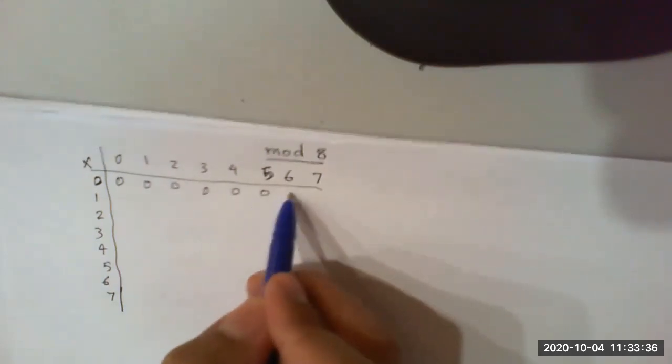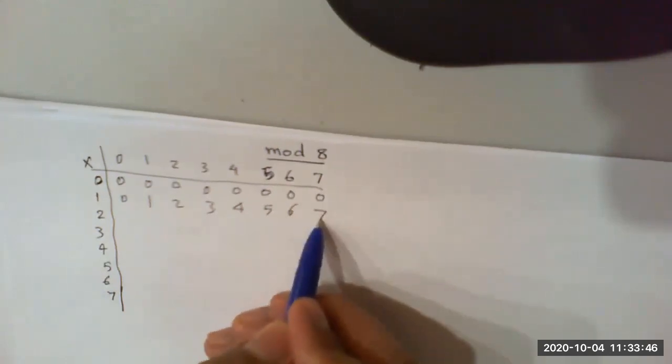Multiplication means I multiply 0 by anything. This is going to give me 0, 0. Anything multiplied by 0 is equal 0. What about 1? 1 multiplied by 0 is equal 0, multiplied by 1 is equal 1, 2, 3, 4, 5, 6, 7. What about 2? 2 by 0 is equal 0.